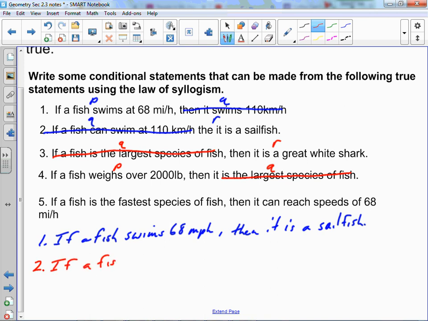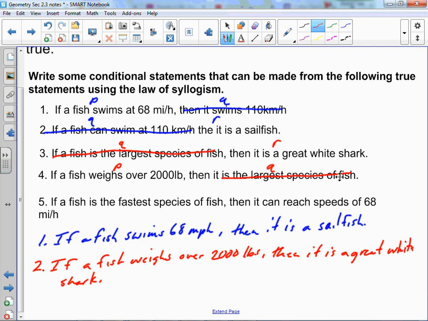If a fish weighs over 2,000 pounds, then it is a great white shark.